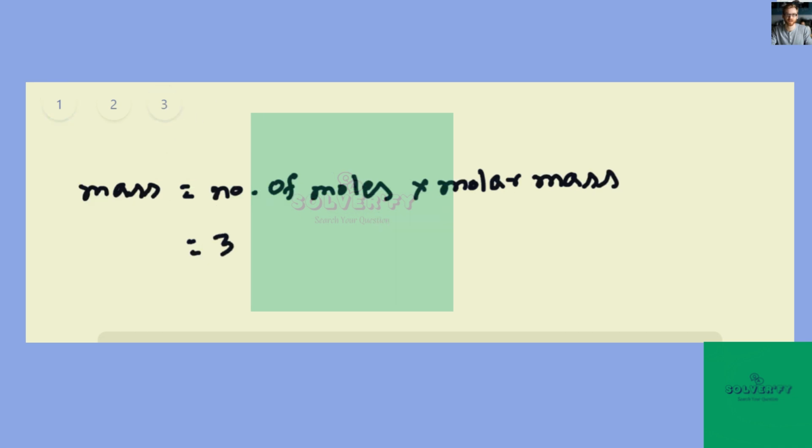That means the mass of C2H5Cl produced will be 3.60 mole times the molar mass of C2H5Cl, which is 64.51 gram per mole. And this value will give us 232 gram.